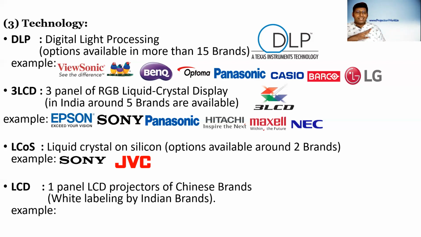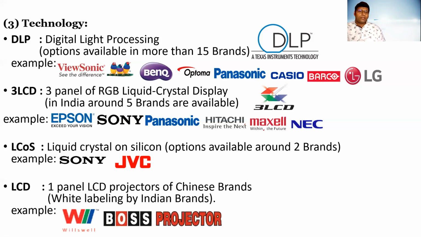Basically, these are all single chip, single panel LCD projectors. So you don't get the quality as compared to a 3LCD projector. There is a huge difference. There are majorly white labeling brands like Wilswell Technologies, Boss Projector, eGate and many more. Lucim, Luxine, many other brands are also coming up.